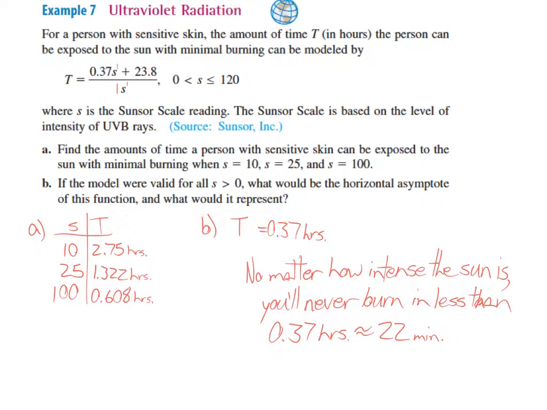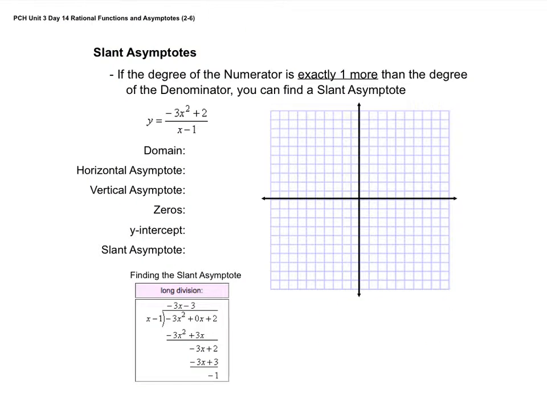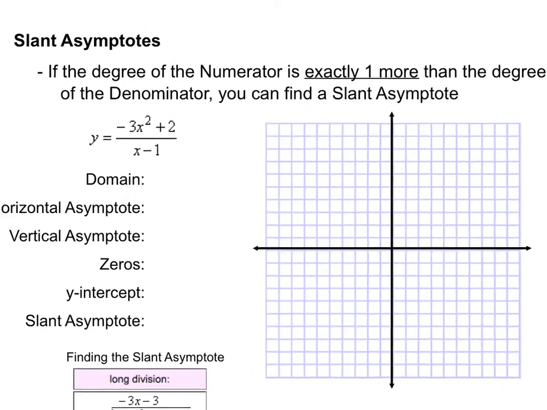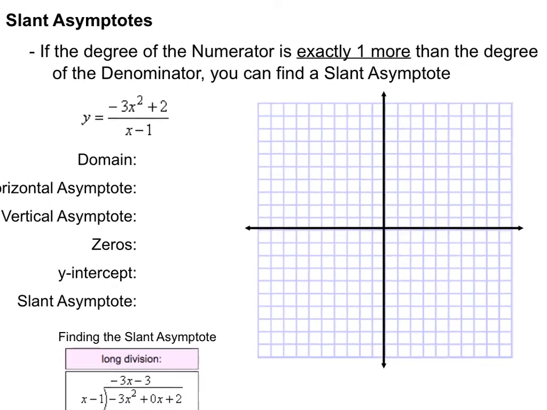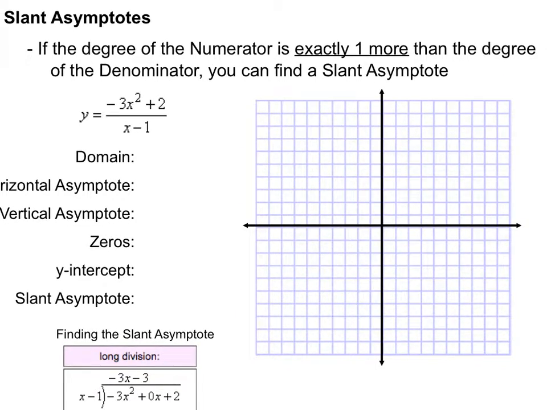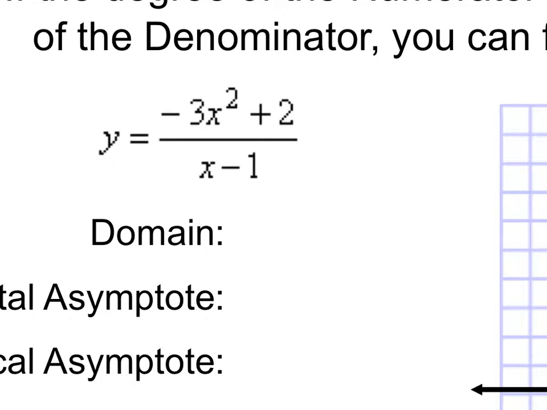All right, so one other thing I want to look at here is kind of an extension of what we looked at with our rational functions, and that is cases where we have a slant asymptote. Here's a function: y equals negative 3x squared plus 2, over x minus 1.